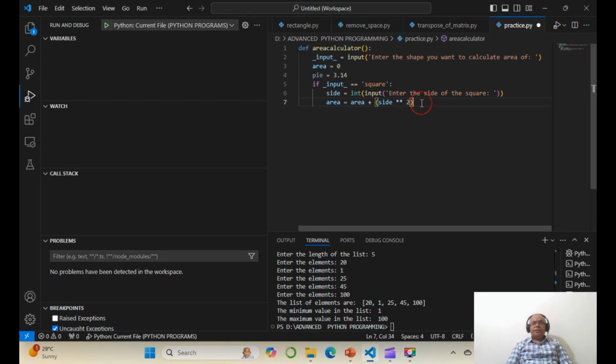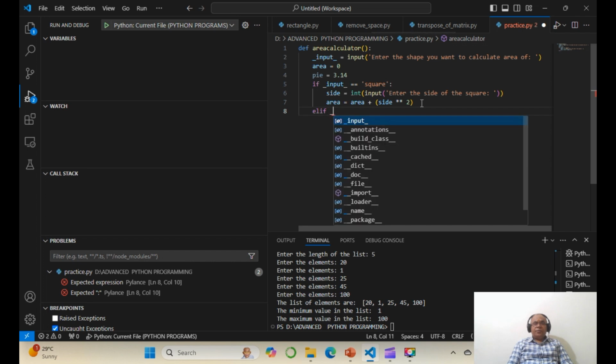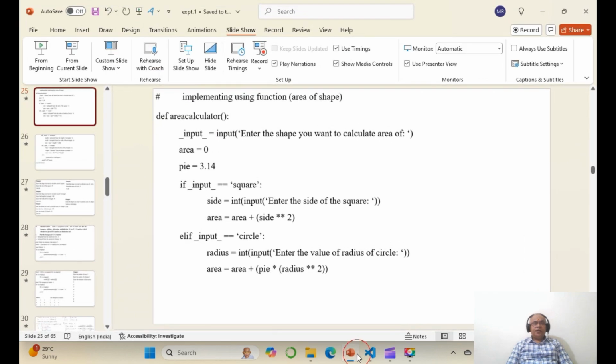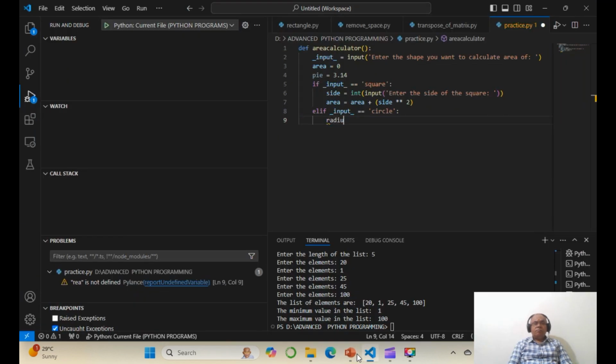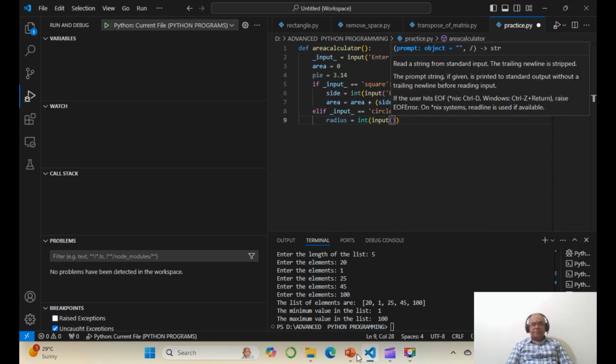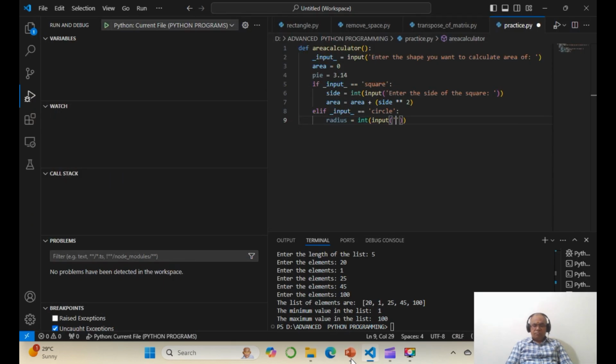Okay. Then elif shape_input double equals circle. If this condition is true, radius equals int input, enter the radius of the circle.